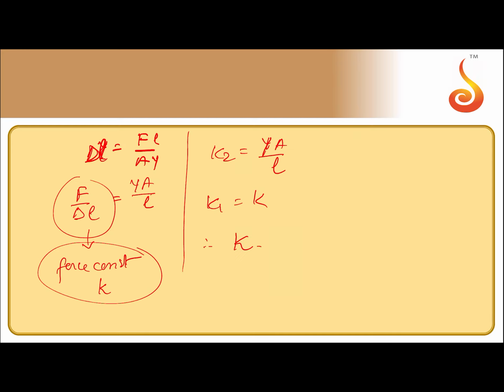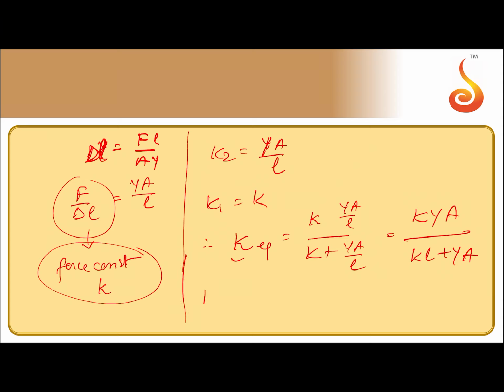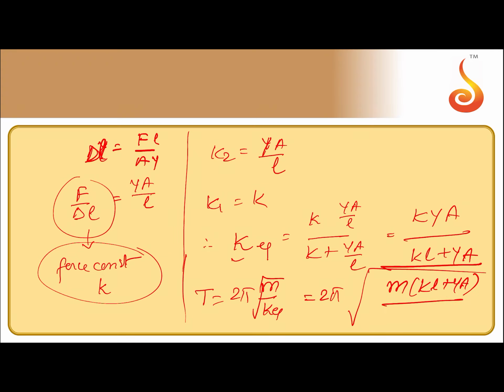Therefore, K equivalent is equal to, what do we have? K1 K2 by K1 plus K2, that further reduces to K YA divided by KL plus YA. I have found the value of K equivalent. And now the time period is 2 pi root M divided by K equivalent, which is 2 pi root M into KL plus YA divided by KYA.